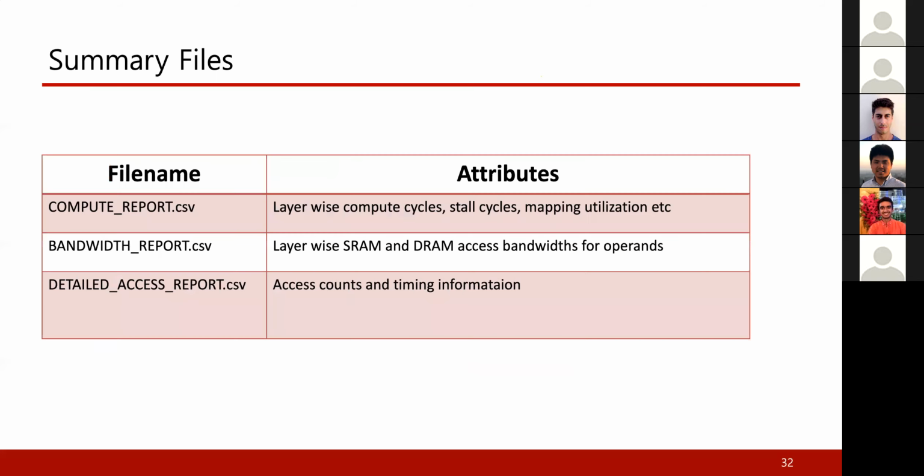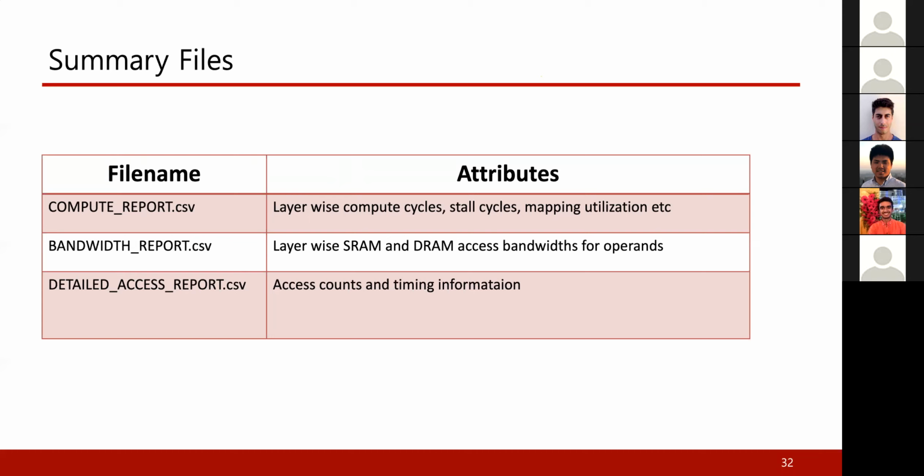So the summary files are three. We have a compute report.csv, which captures layer-wise compute cycles, the stalls, which we have just seen, the mapping utilization, the overall utilization, etc., which is also shown in the console output. Then we have a bandwidth report.csv file, which gives information about the SRAM and DRAM access bandwidth for each of the operands.